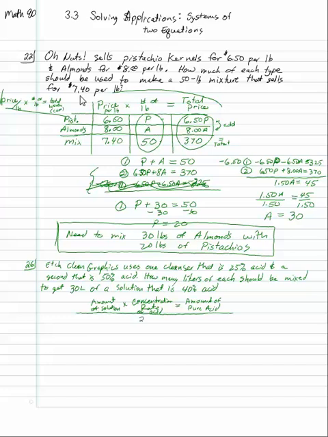So those are the two, 25% and 50%. Now if I were to take 10 liters times 50% acid, that means I got 5 liters of pure acid. If I took 10 liters times 25% of acid, that's going to be 2.5 liters of pure acid.